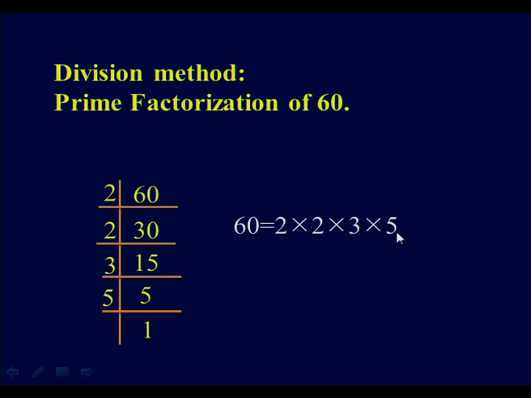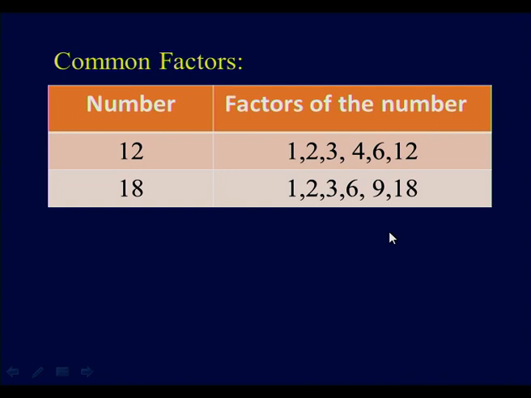Now, common factors. As till now we have studied about factors, multiples and prime factorization, now let us see what are the common factors and what can you learn from this. So, here in this table you can see a number 12. What are the factors of 12? 1, 2, 3, 4, 6 and 12.